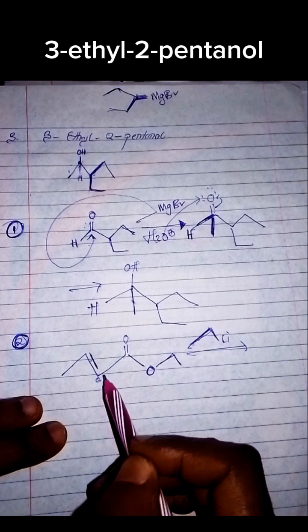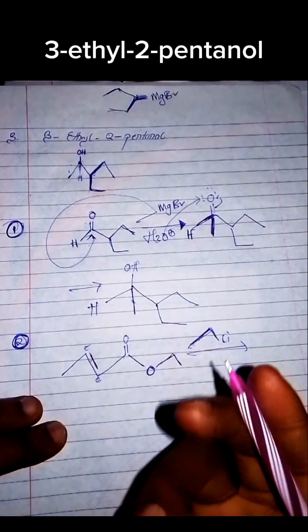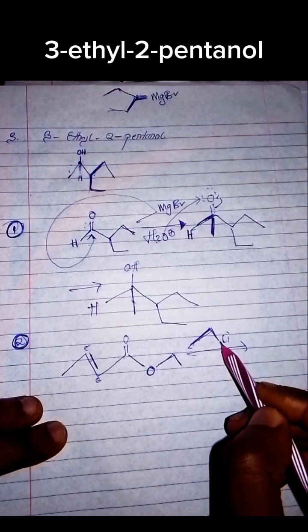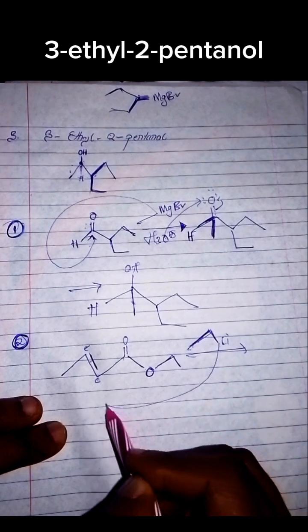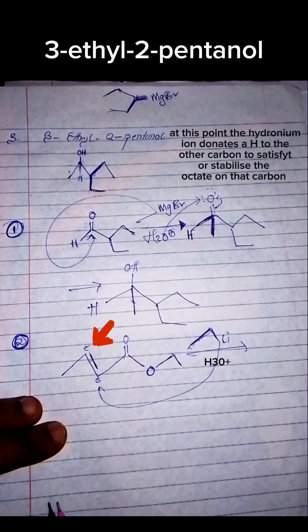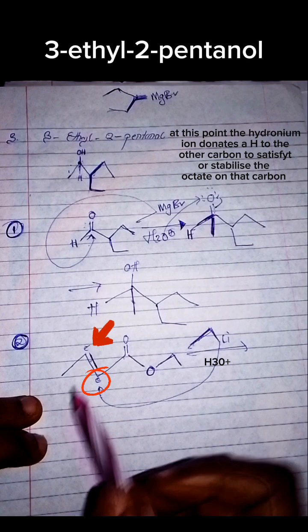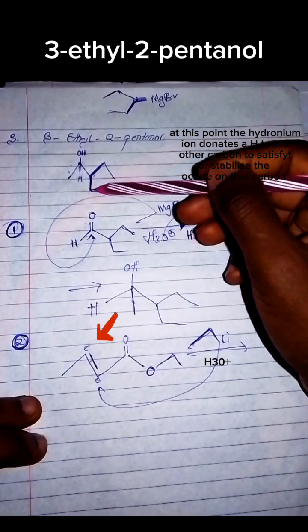So when you analyze this carbon and this carbon, which one is least substituted? Their degree of substitution is the same, therefore we can attack anywhere. So this carbanion will attack there. When it attacks there, it will insert the group there, getting us a step closer to this structure.